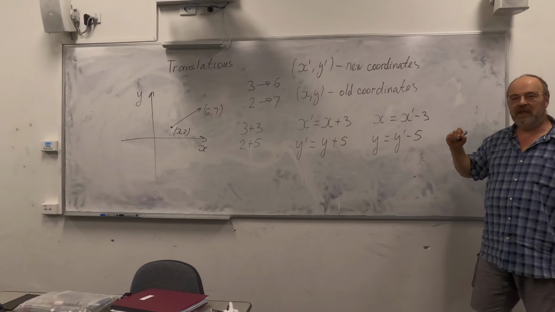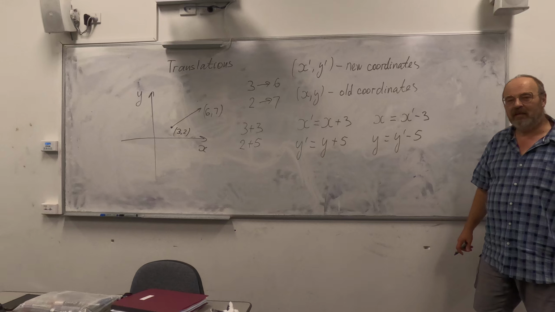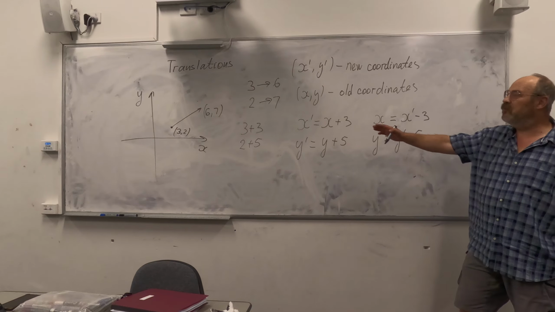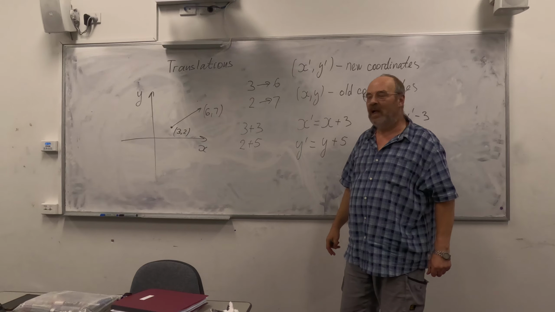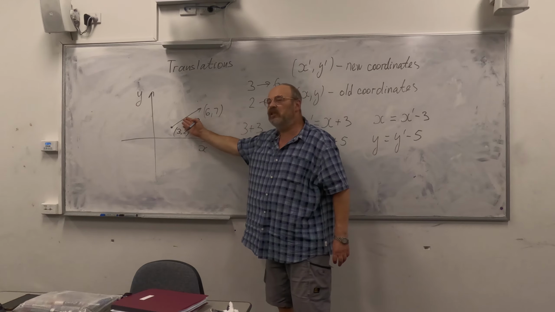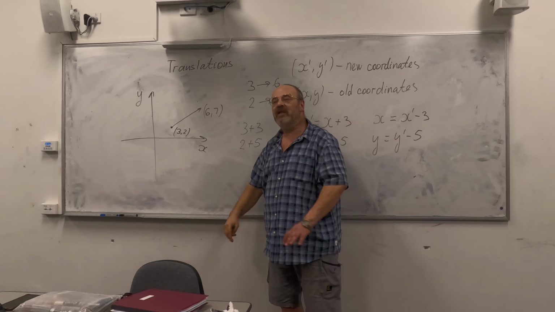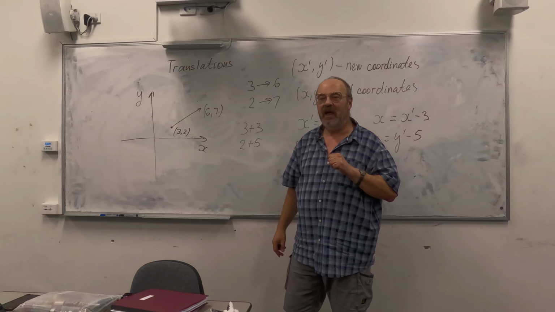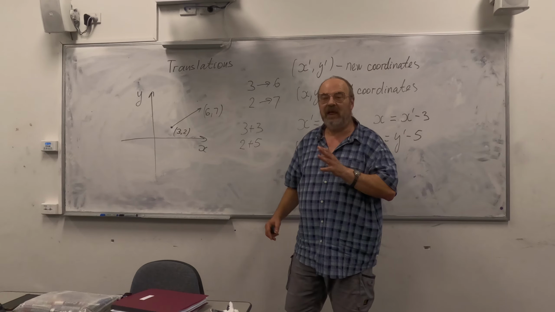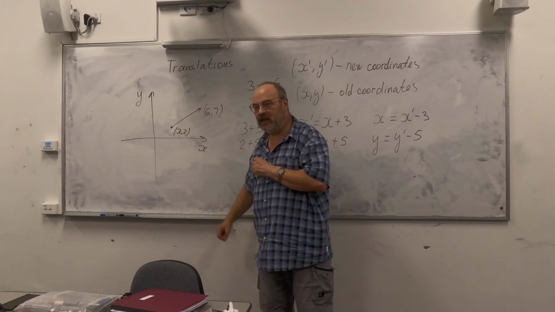How do we know it's x plus 3, not like 2x? We consider this particular example. We said we translated the point, we just moved it. I understand what you're saying, that we can get to the same point by multiplying x by 2.